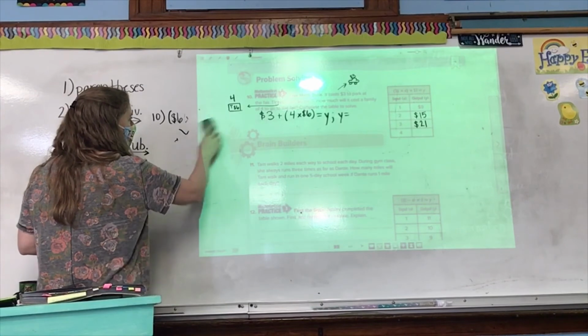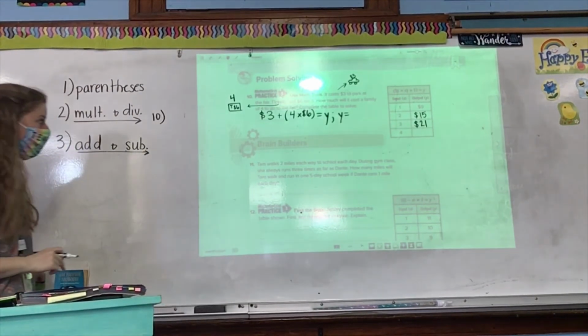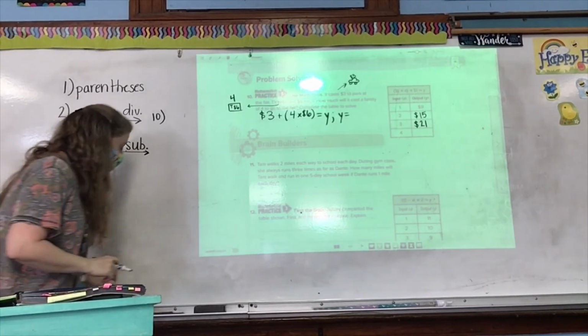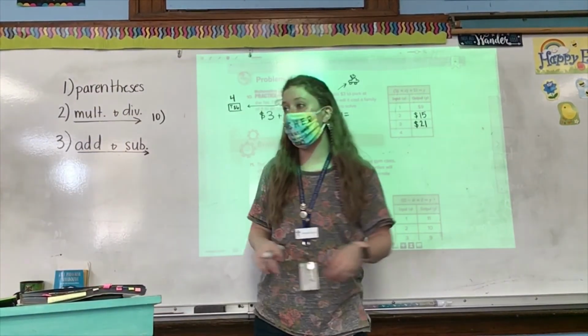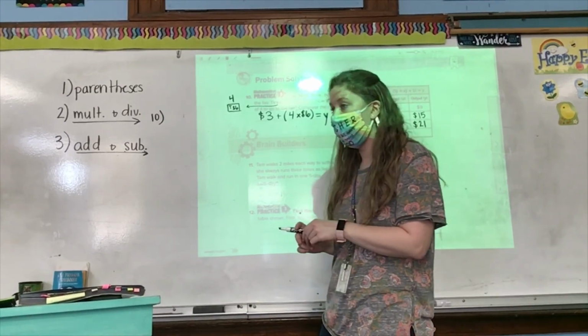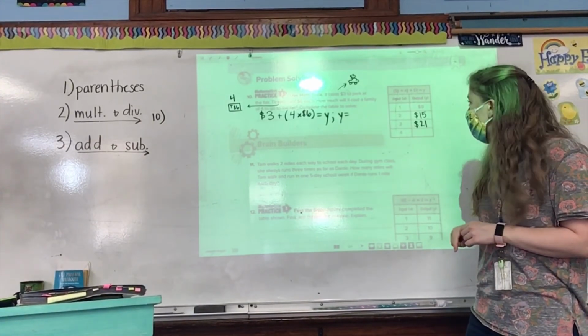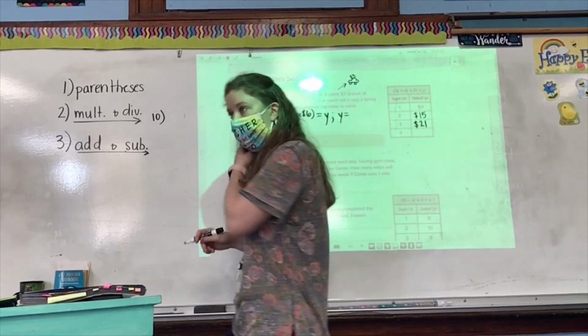How much will it cost for 4 people, for a family of 4 to go to the fair? Ethan, first we need to rewrite our equation. What is our equation going to look like? We know 4 people are going to the fair. So what is our equation going to look like?